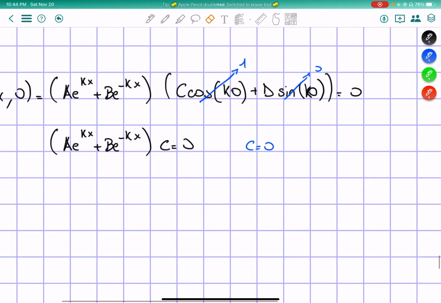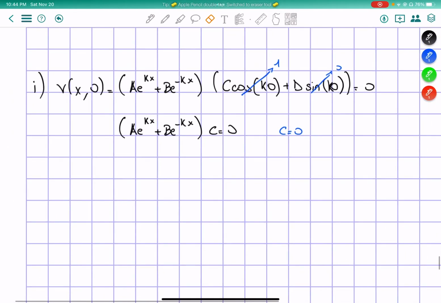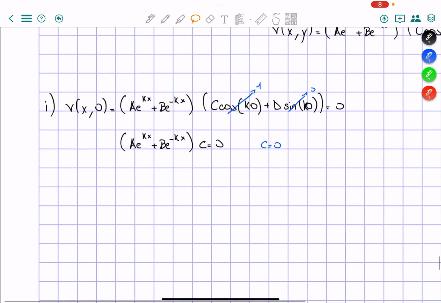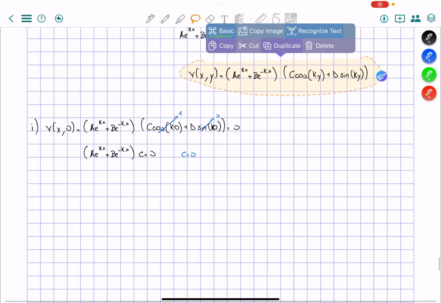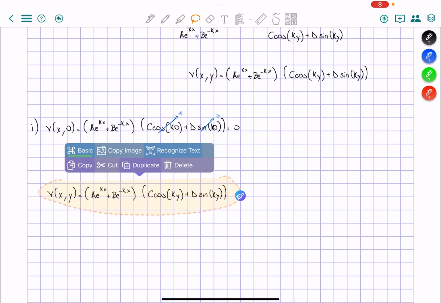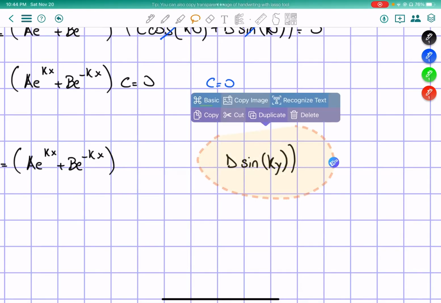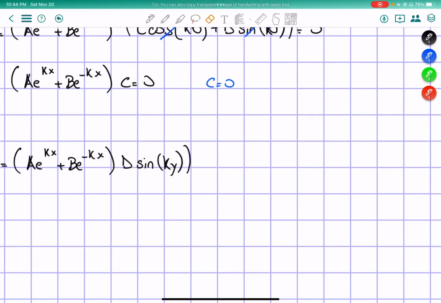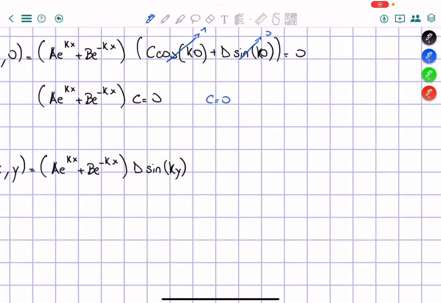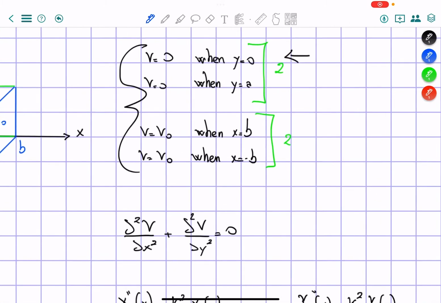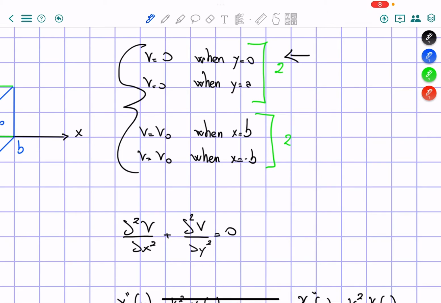So that means that if we rewrite our equation after the first boundary condition, we know that c is equal to 0, so we can cancel out this term. Now our second boundary condition is that V is equal to 0 when y is equal to a.